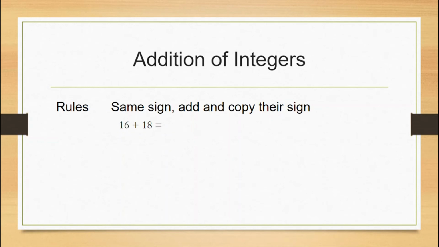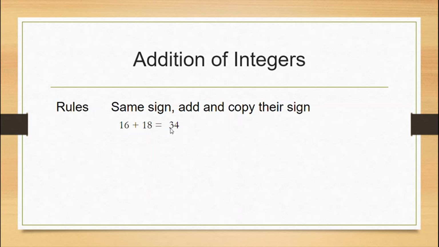Since they are positive, what does the rule tell us? Since they have the same sign, we're going to add. So 16 plus 18, that is 34, and copy their sign. What is the sign of 16 and 18? They are positive. So for our answer, that is positive 34.